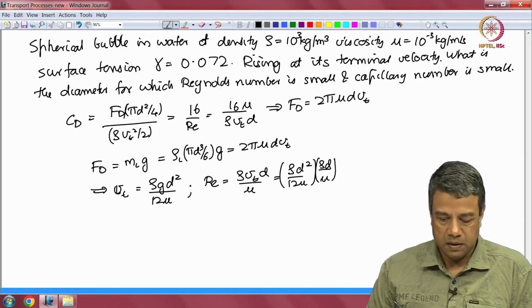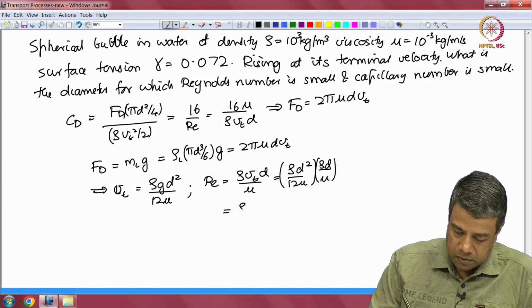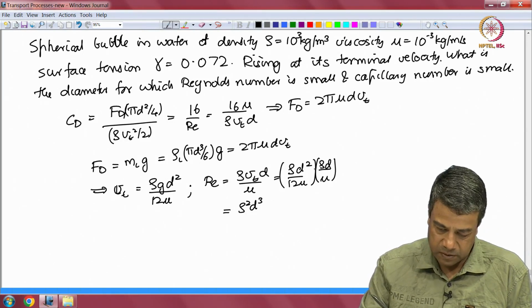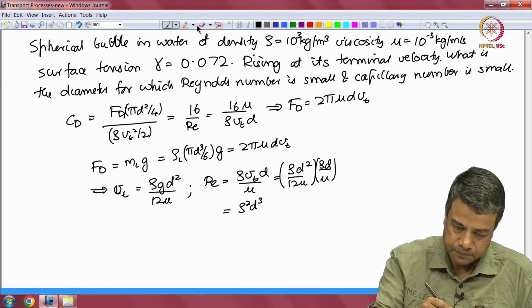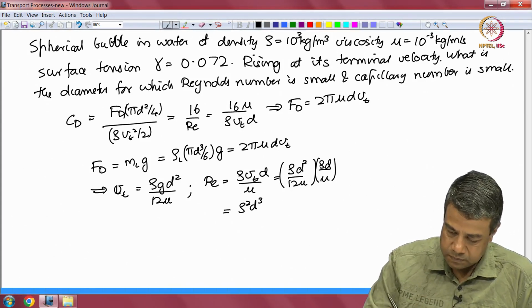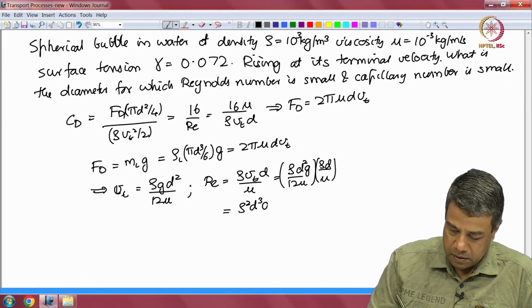Okay. So, this is equal to rho square d cubed, I missed a factor of g somewhere. So, let me just put that in, rho g d square. G by 12 mu square.